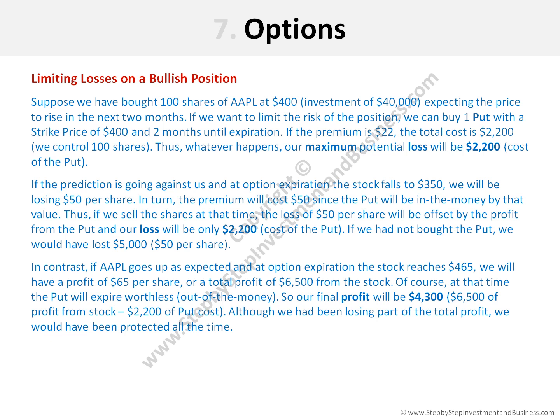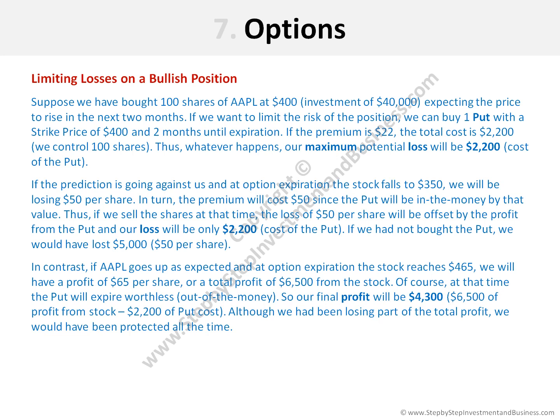In turn, the premium will cost $50 since the put will be in the money by that value. Thus, if we sell the shares at that time, the loss of $50 per share will be offset by the profit from the put, and our loss will be only $2,200, that is, the cost of the put. If we had not bought the put, we would have lost $5,000, $50 per share.